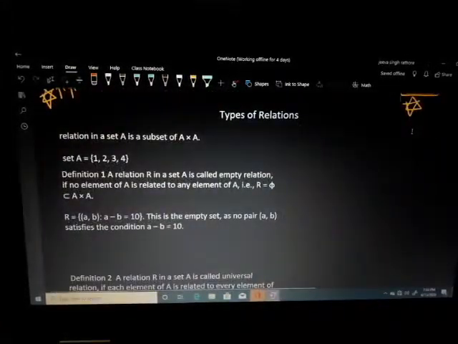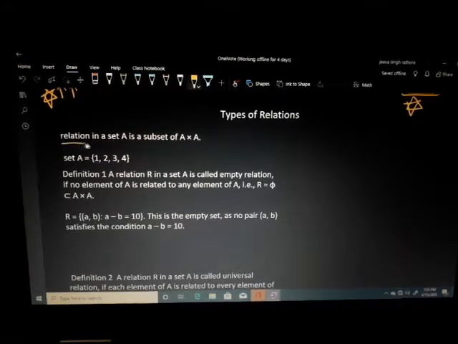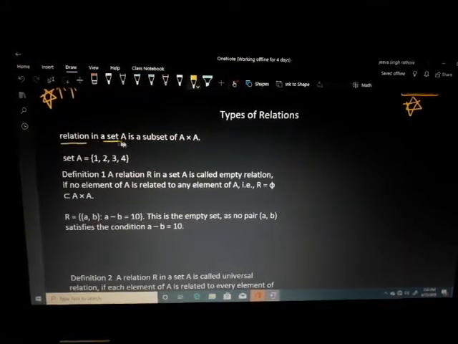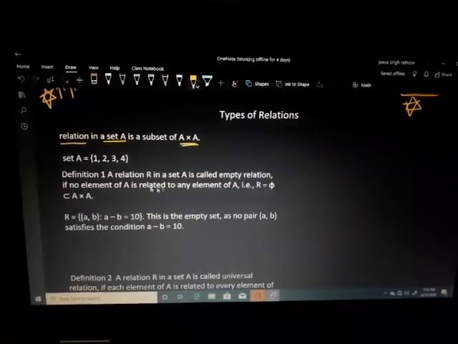Next important point, types of relation. There are different types of relations used here. So I am writing: a relation in set A. Already I explained, a relation in set A is a subset of A cross A. For example, this is the set A having the elements 1, 2, 3, 4.